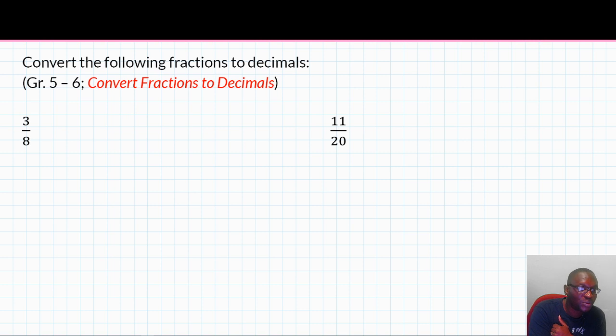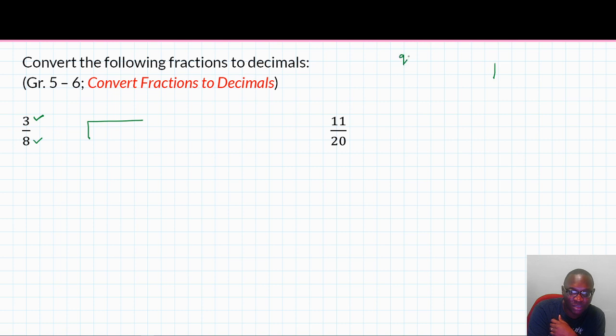So here's what we're going to do. You have to first realize when you have a fraction, we're going to use the long division method right here. And you have to figure out what this number represents and what this number represents. So when you're dealing with long division or division, you have three things.